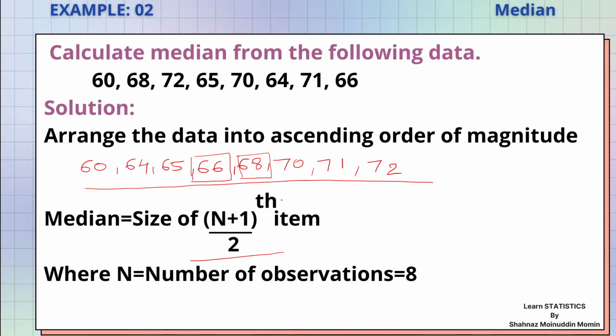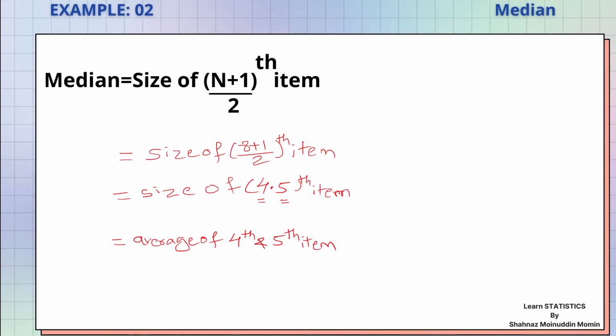Substitute the values of the 4th and 5th atom: median is equal to (66 plus 68) divided by 2. Since there are two values, we add them and divide by 2 in order to obtain the average of the 4th and 5th atom.